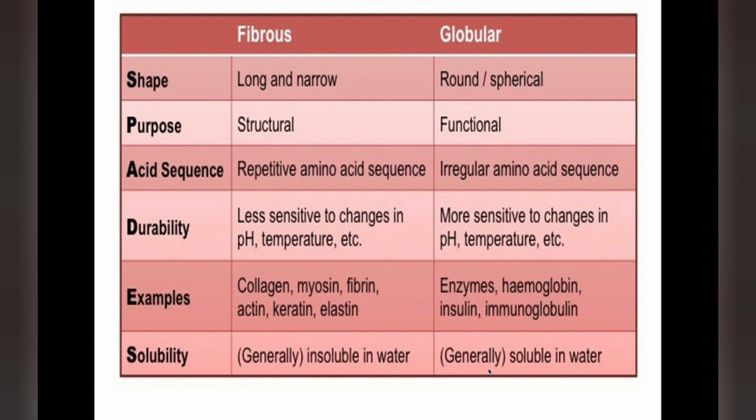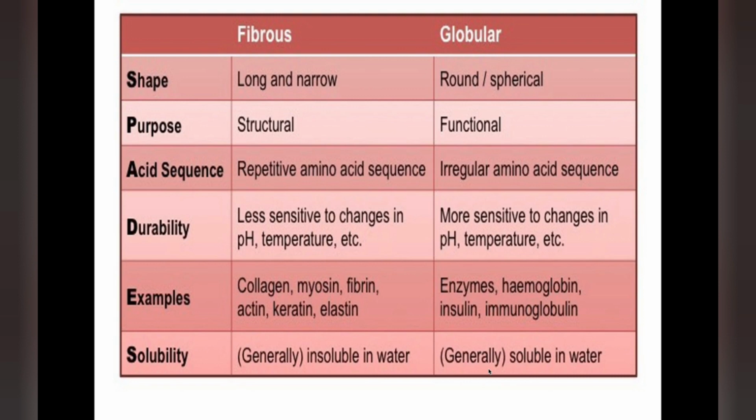On durability, fibrous is less sensitive to changes in pH, temperature, etc., but globular is more sensitive to changes in pH, temperature, and so on. Examples of fibrous structure are collagen, myosin, fibrin, actin, keratin, elastin, etc. Globular examples are enzymes, hemoglobin, insulin, and immunoglobulin, names you might have heard in biology.